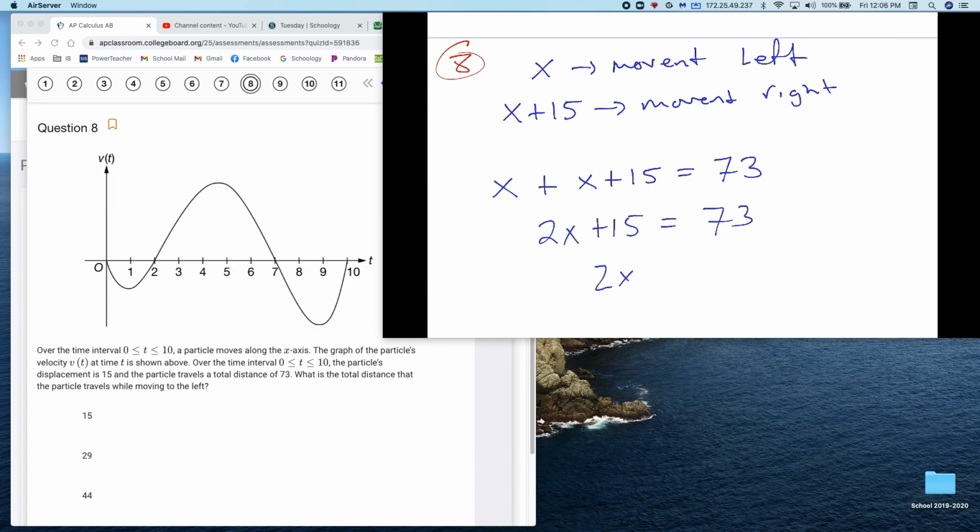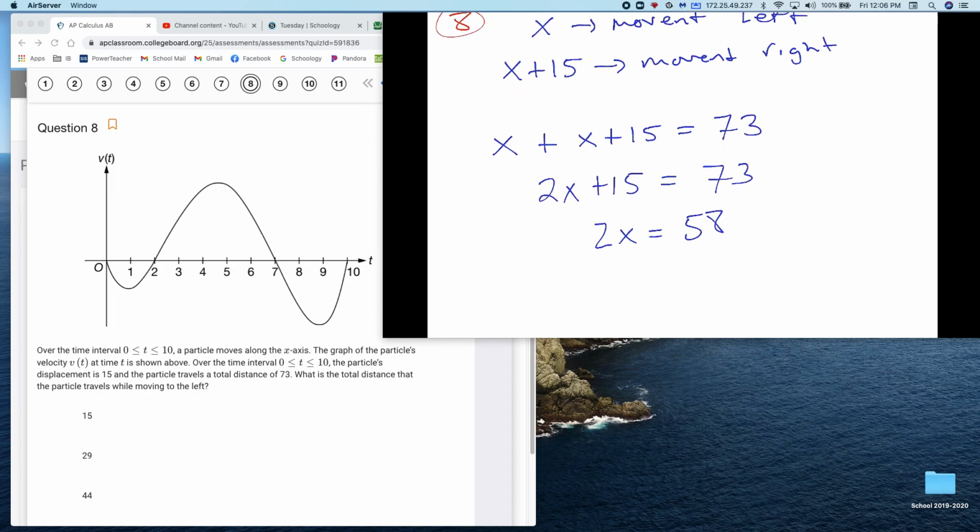So 2x has to equal 73 minus 15, which is 58. Then if you take x and divide by 2, 58 divided by 2, you get 29.